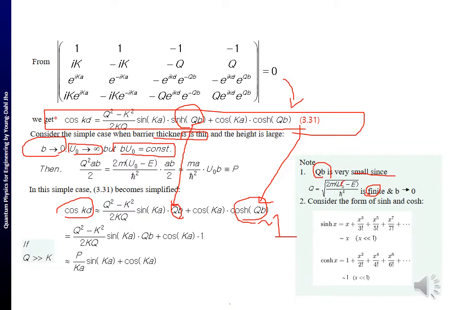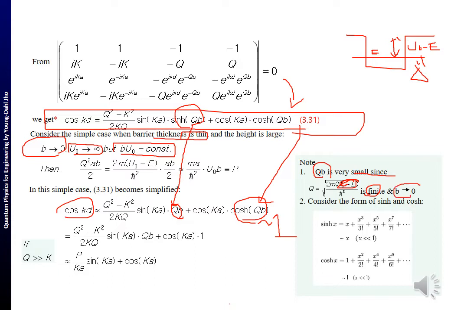Well, this is bound energy actually. If you have this potential shape, you have this energy. And this one is U0 minus E. This bound energy is here, and Q is depending on that, so it is finite.